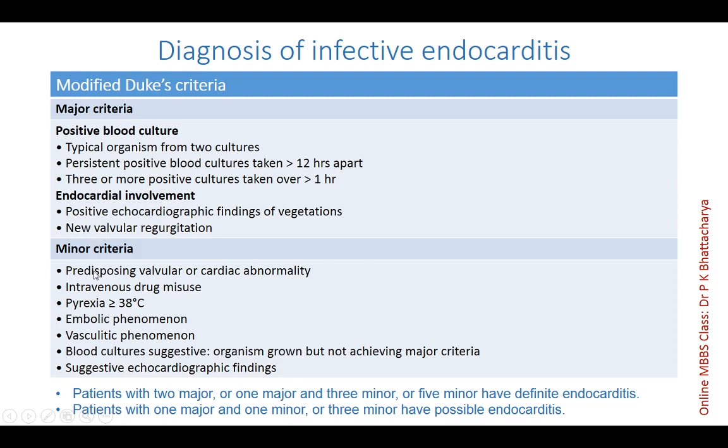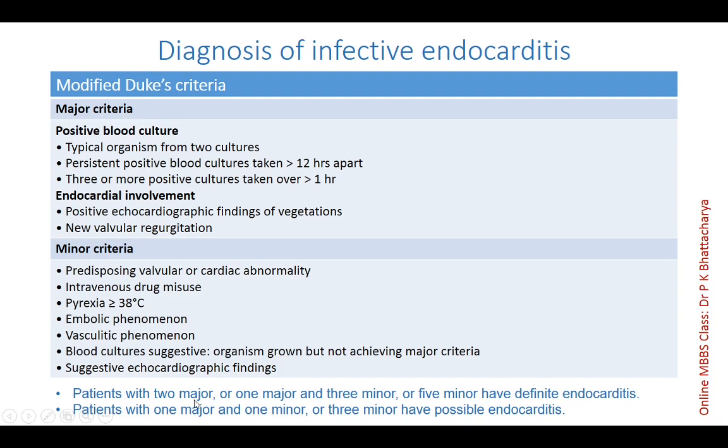So positive cultures 12 hours apart, together with some valvular disease or a low-grade fever or maybe some embolic episodes, then also you know that the person has it. Or 5 minor criteria. That means out of these 7, you should have 5 of them. So that is definite endocarditis.